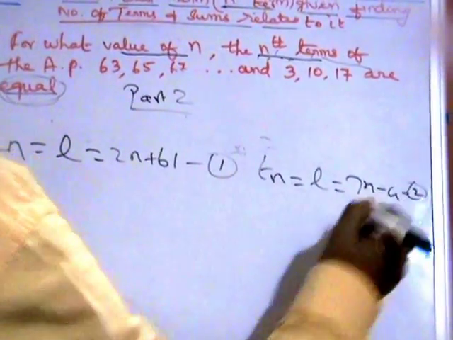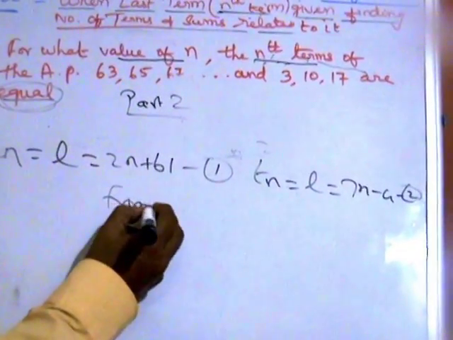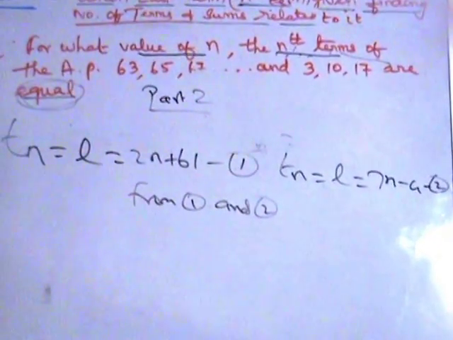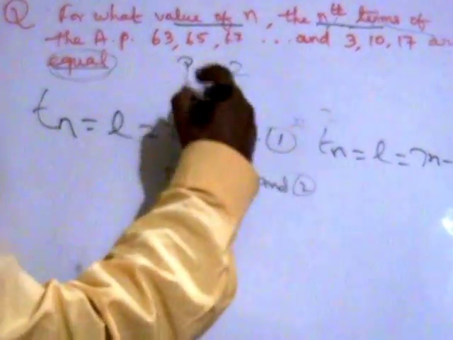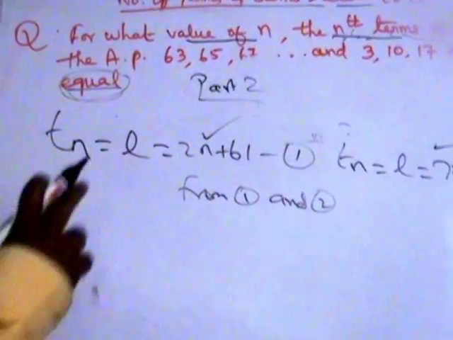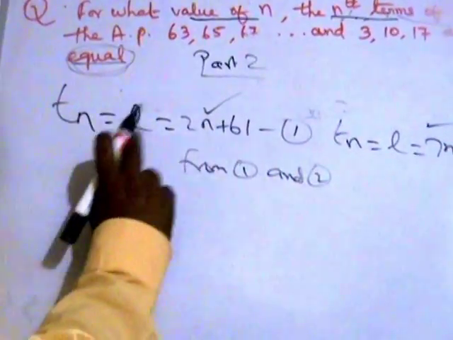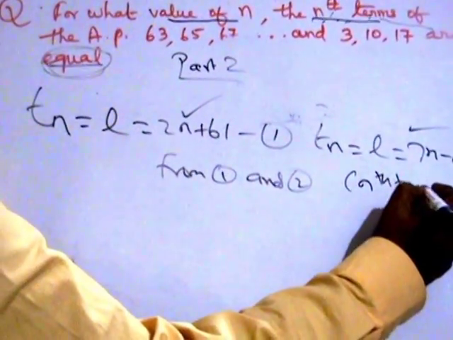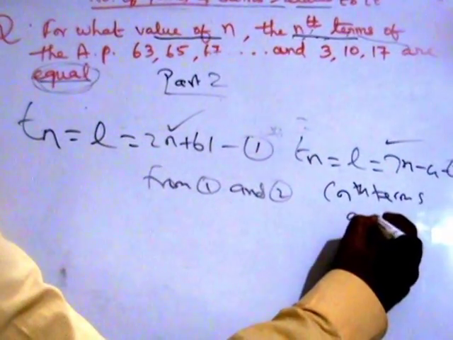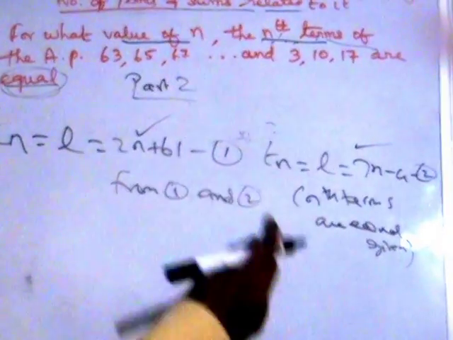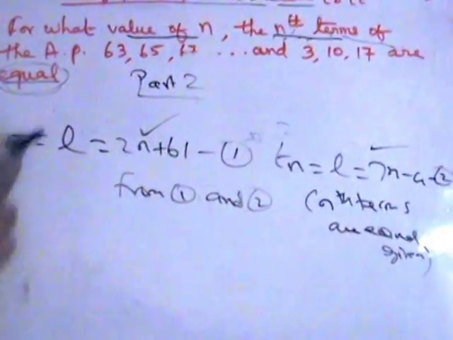This is equation 2. From equation 1 and 2, the left hand sides are equal, therefore the right hand sides should be equal. So again I repeat, the left hand sides are equal is given. The nth terms are equal, given. So the right hand side should be equal.